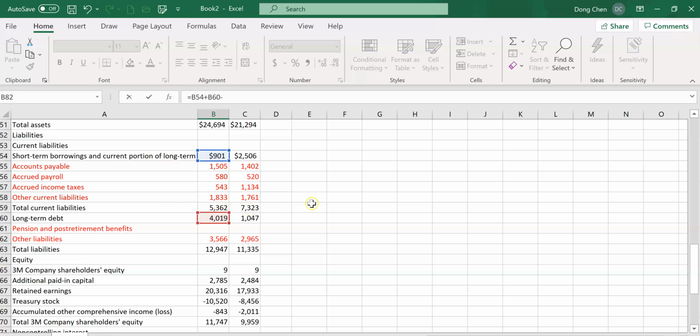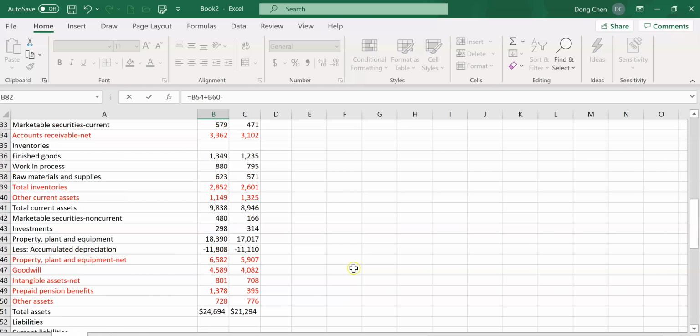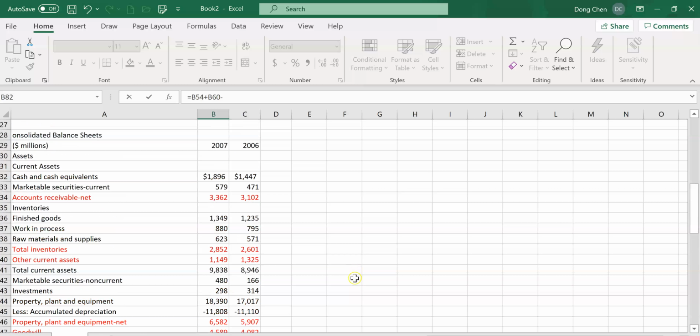And then we subtract the sum of all the non-operating assets. So non-operating assets basically are all the items which are not marked in red on the balance sheet.